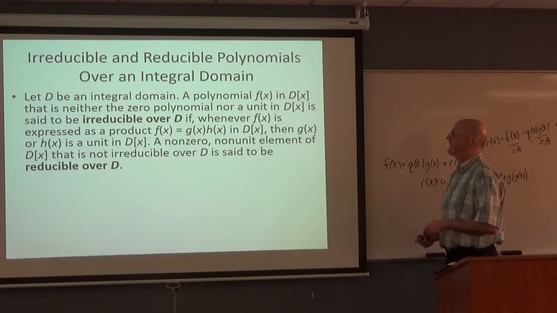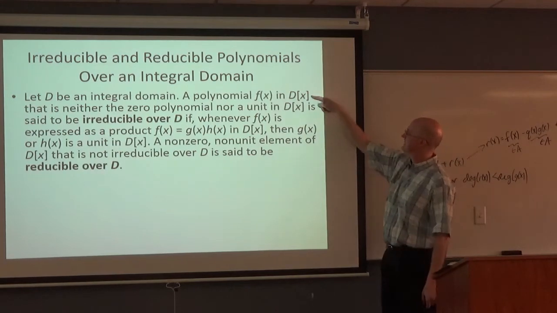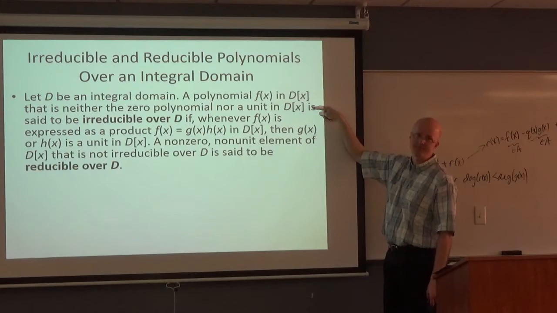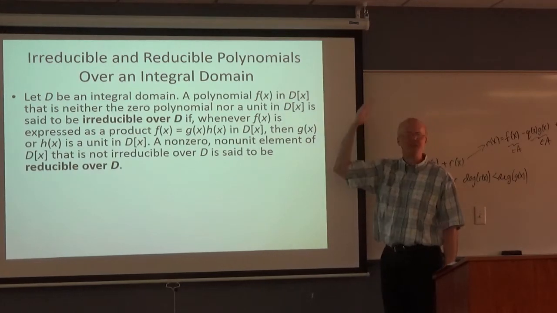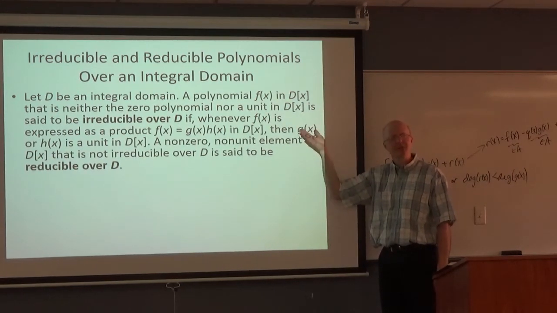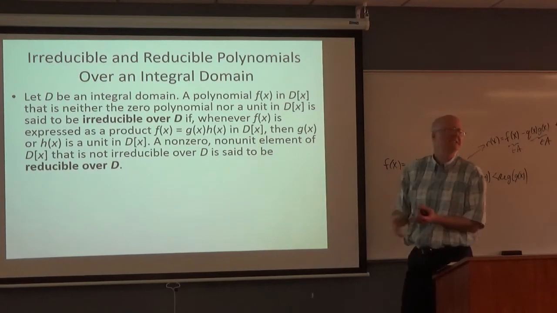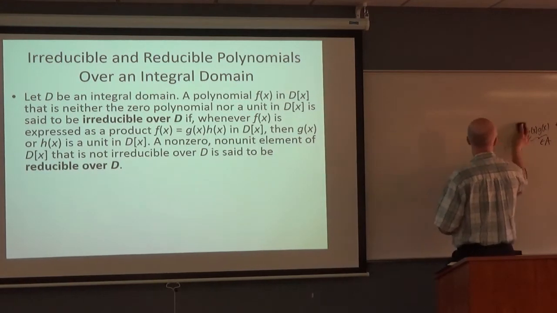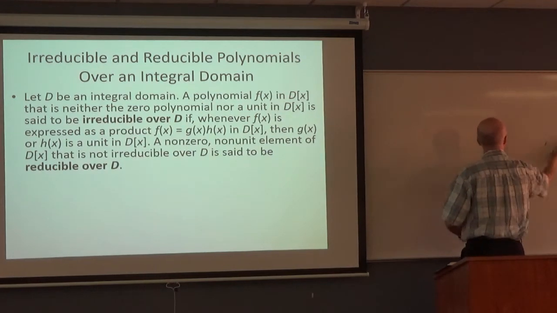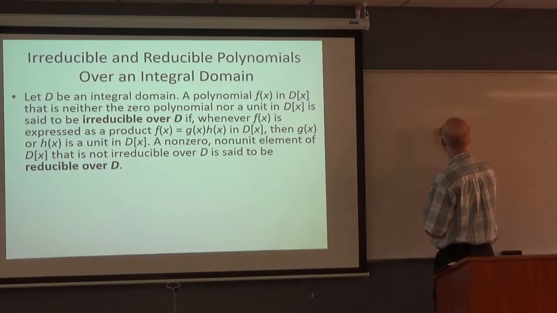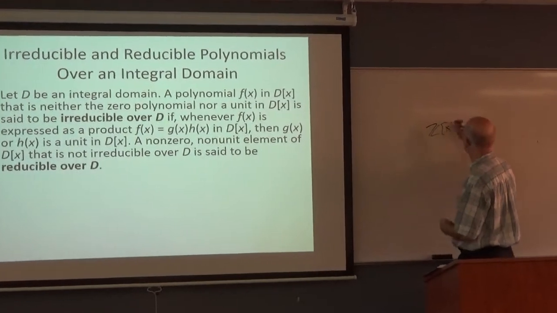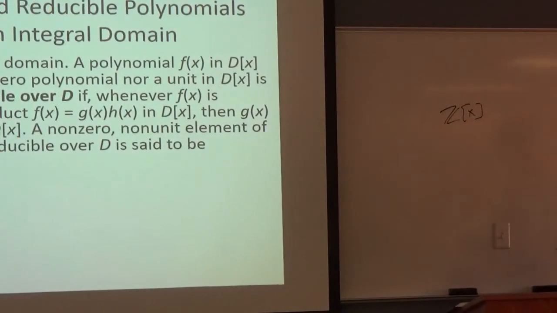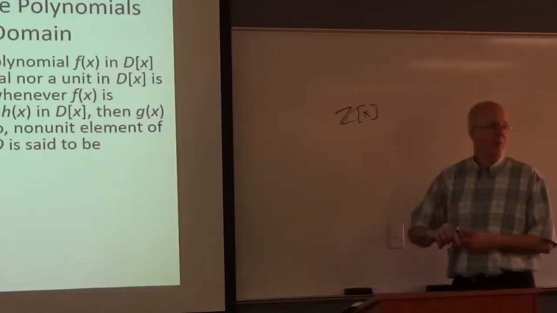Suppose you have an integral domain and a polynomial with coefficients in the integral domain that is neither the 0 polynomial nor a unit. And as you think about this definition, imagine D is Z. It doesn't have to be Z, but it very well could be Z. And so we could be talking about that polynomial ring. The units in there are pretty simple.